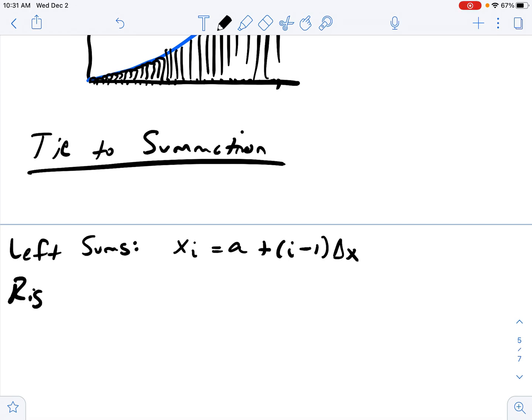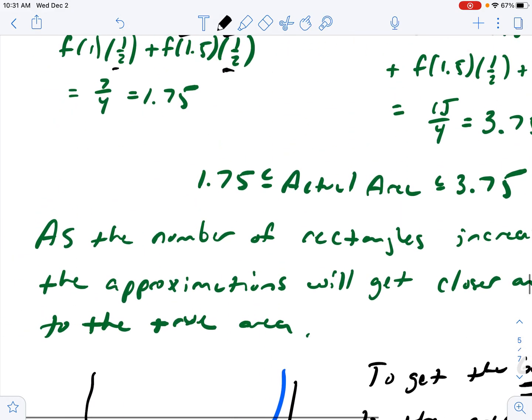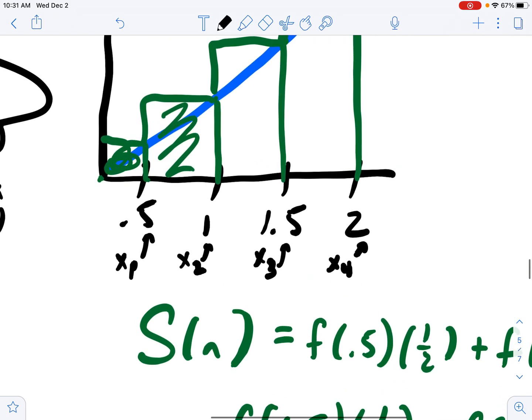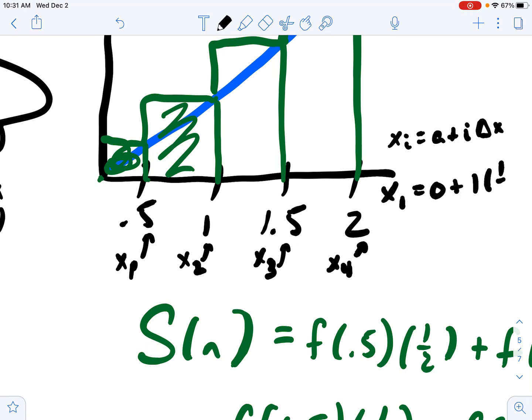Right sums is a little more convenient. Each x value, x sub i, is a plus i delta x. Coming back here, notice x1 was 0.5. So if I want the first x value, a was 0, i is 1 times a half is a half.